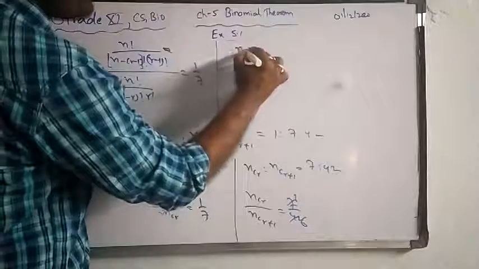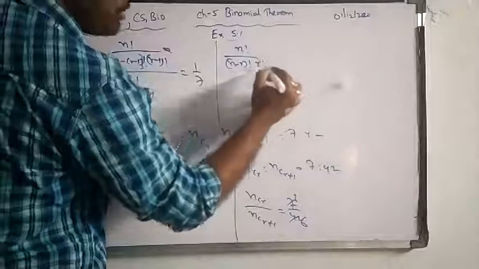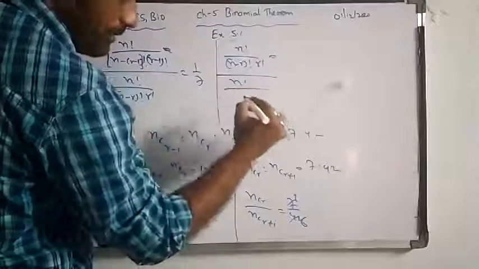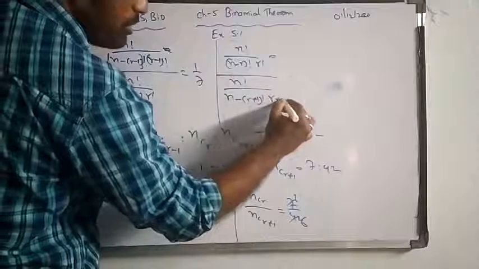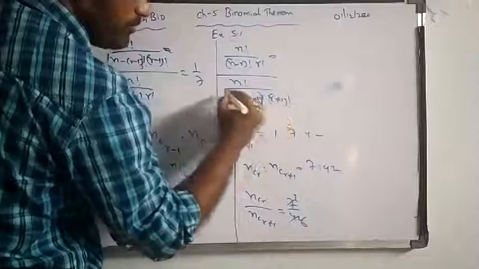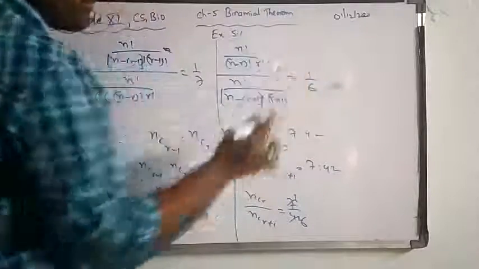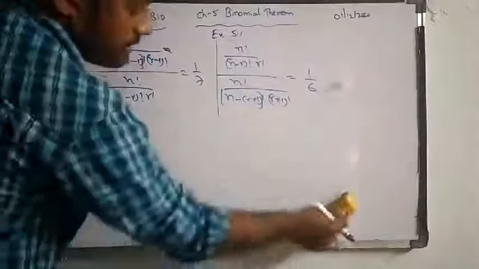In a similar way here also, n factorial by (n minus r) factorial into r factorial, by n factorial by (n minus r plus 1) factorial into (r plus 1) factorial, is equal to 1/6. So this I will take upside down.